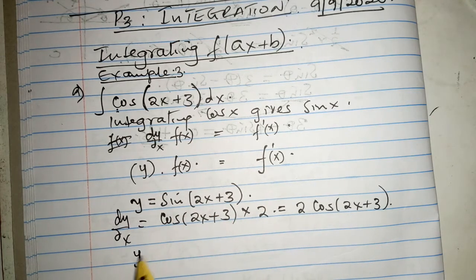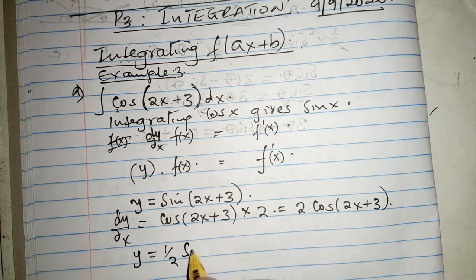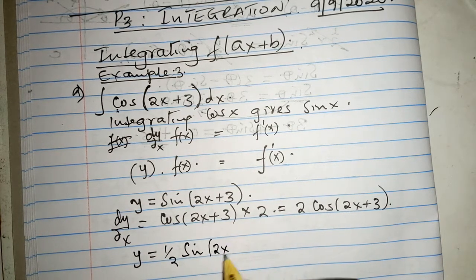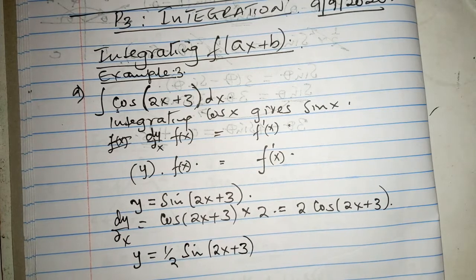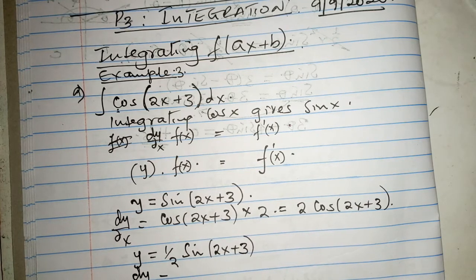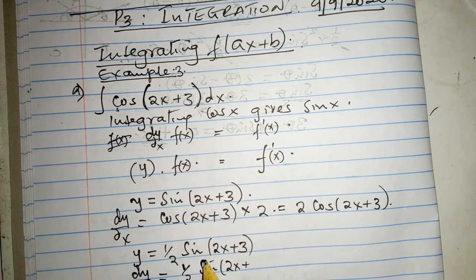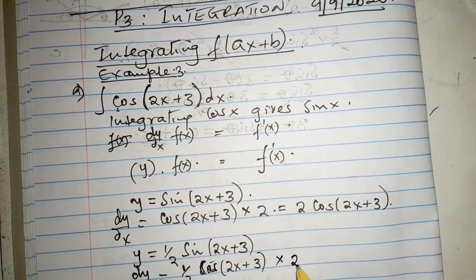So our y is going to be half sine 2x plus 3, such that dy/dx is half cosine 2x plus 3 times 2.